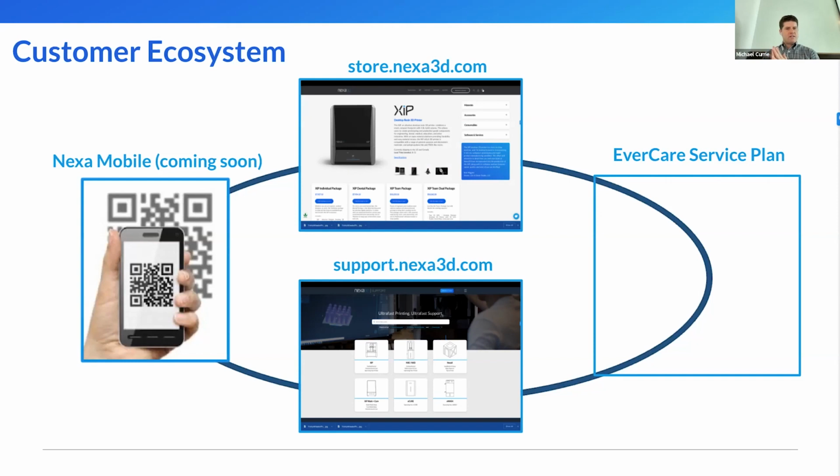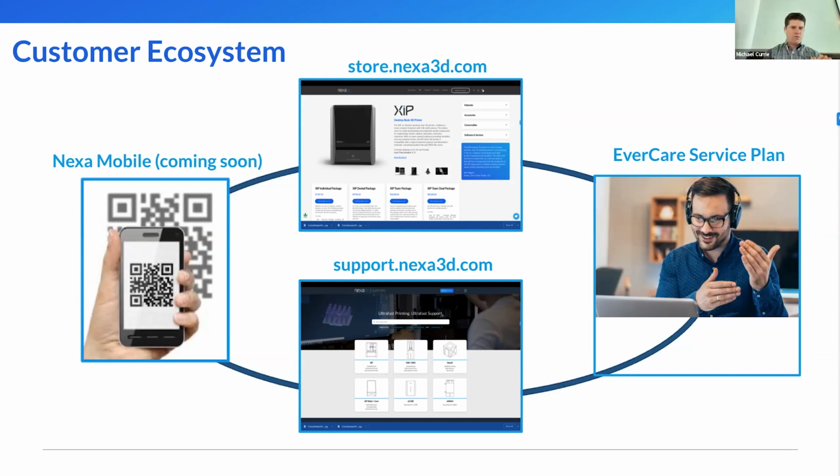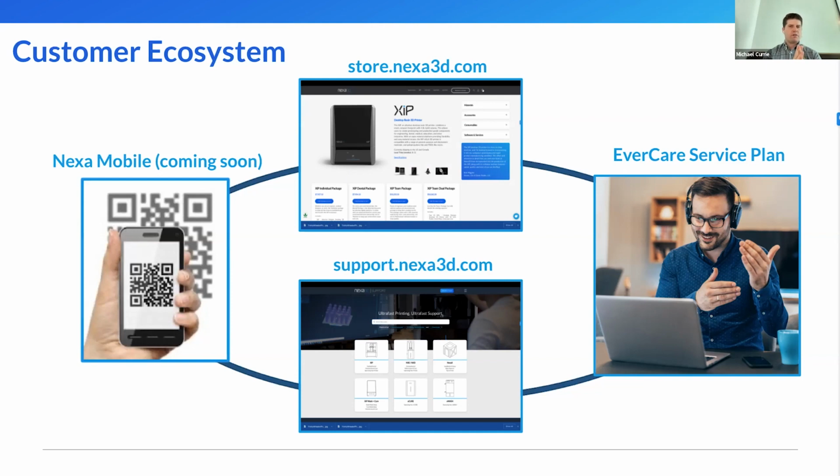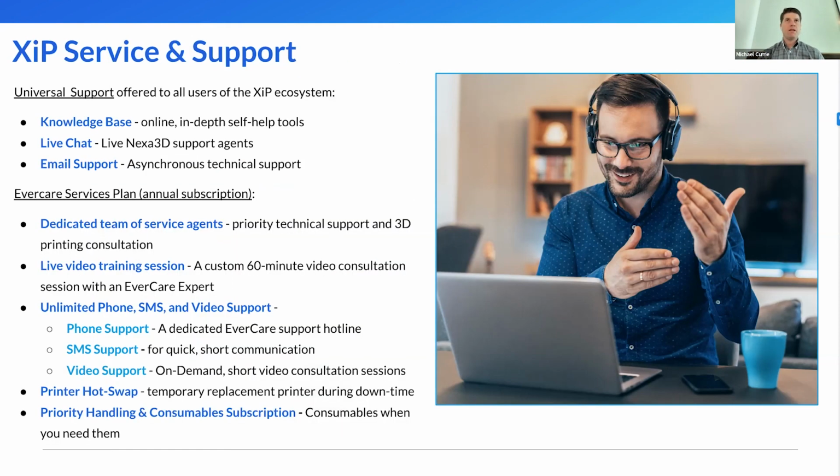All right, so outside of the printing aspect, what else comes with the XiP? Well, we have a customer ecosystem we're building out. We're going to have a mobile phone app to help you manage consumables. That's coming soon. We have a storefront, we have a support site, and we also have a team of professionals, which we call our Evercare service plan, should you want extra help or extra support from us.